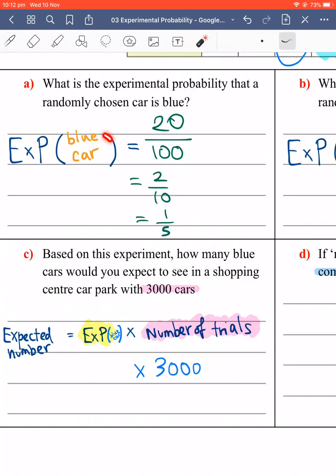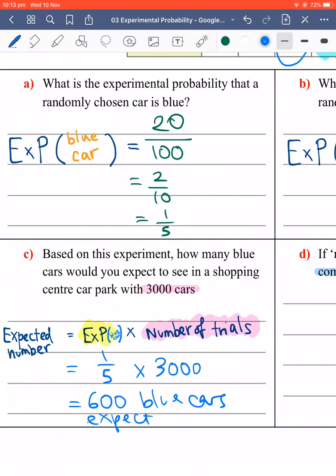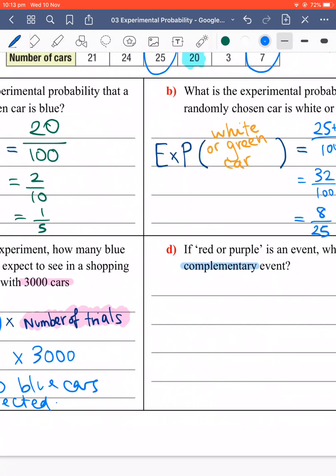And we had our experimental probability for our blue car, which was 1 in 5. So once we multiply that out, we end up with 600. So 600 blue cars is what we should expect out of those 3,000.